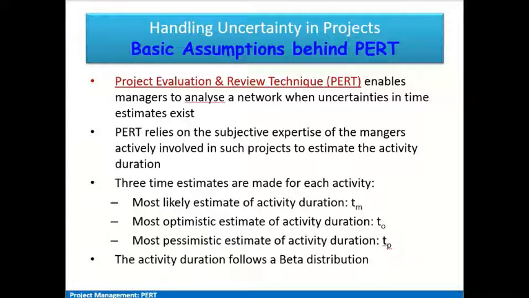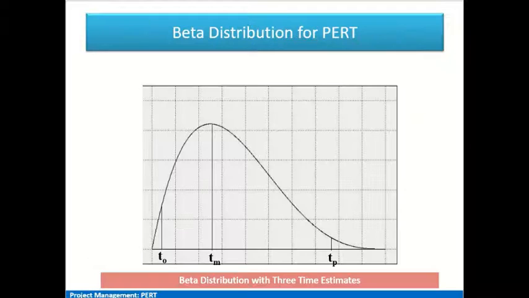So the second assumption is that the activity durations are assumed to follow a beta distribution. Unlike a normal distribution, beta distribution has a skewed right tail, as we see in this beta distribution here. So why do we choose beta distribution?